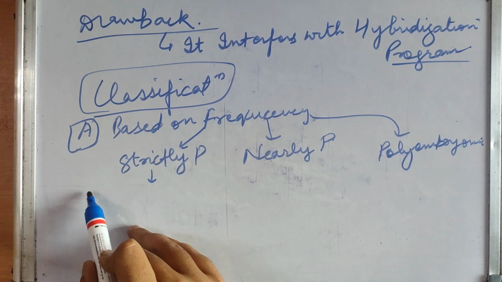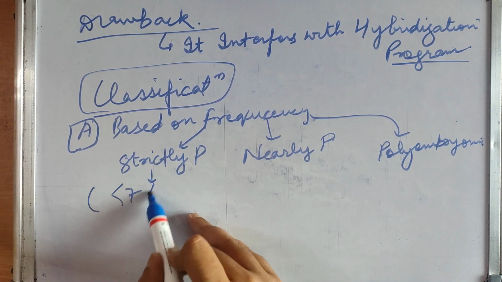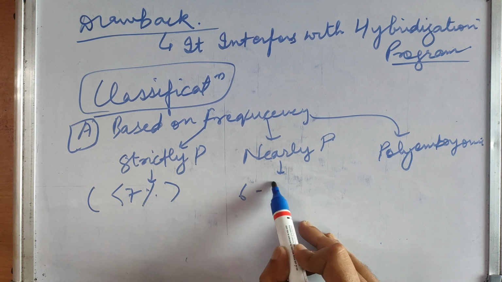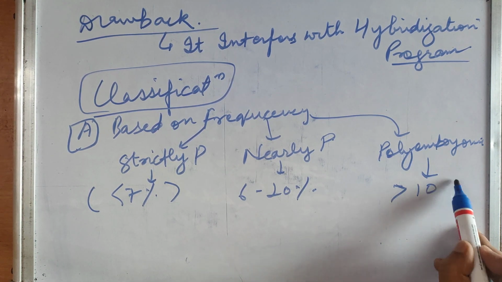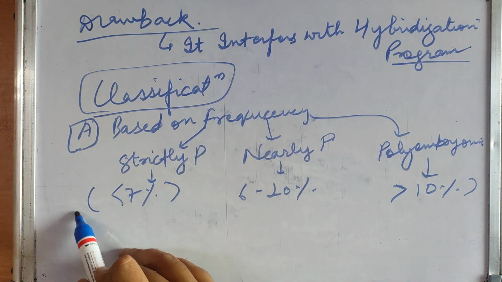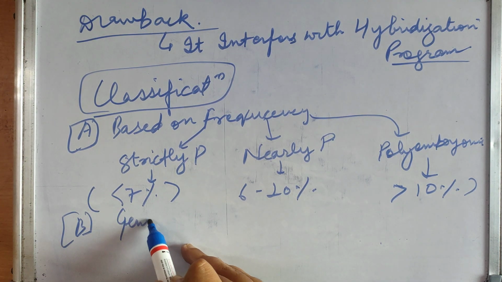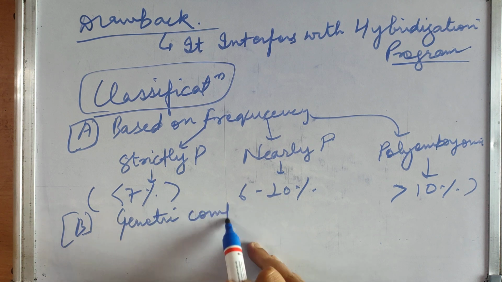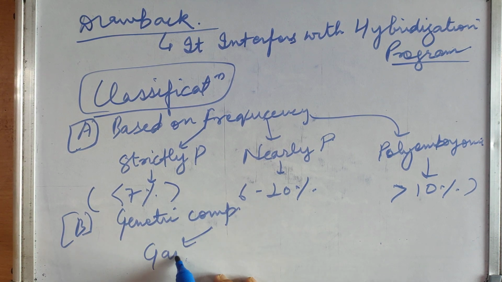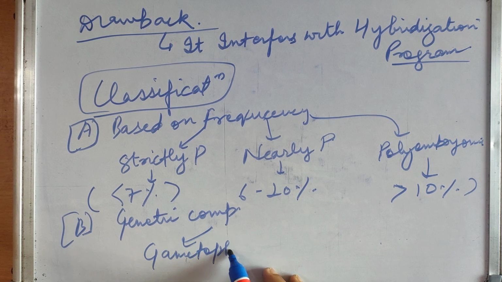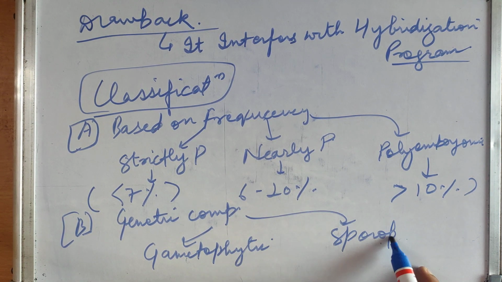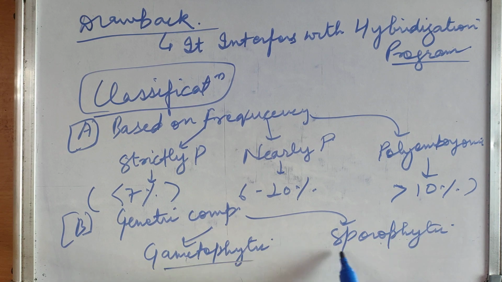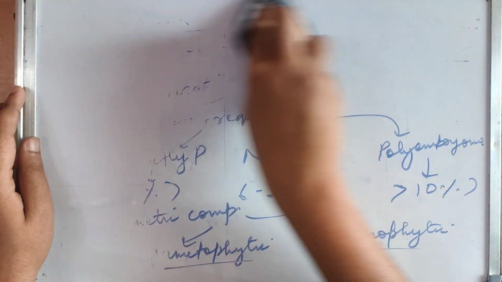In strictly polyembryony, it is less than 7%. In nearly, it is 6 to 10%, and in polyembryonic, it is more than 10%. Now B is based on genetic composition. It is of two types: gametophytic and sporophytic. So these were the drawback and classification of polyembryony.